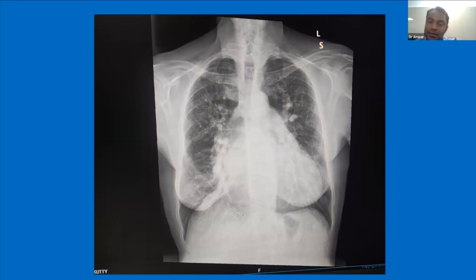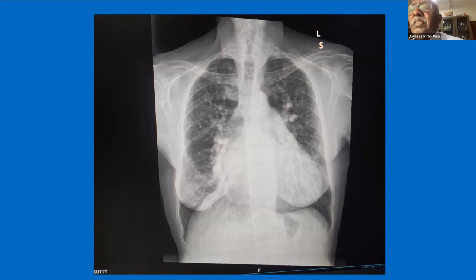There are six radiological signs, you have only one. Curly lines, fissural edema, pleural effusions, peribronchial cuffing, perihilar haze, fluid in the minor fissure. So none of these are there.